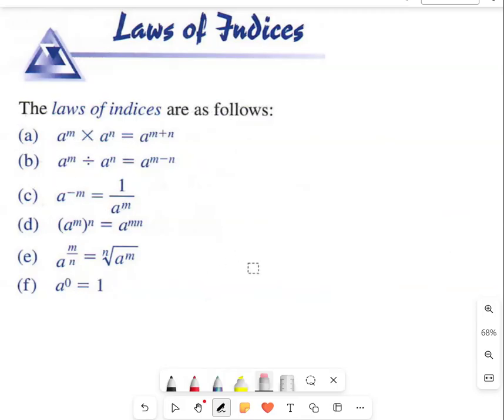Good. E is simply stating that if you were to raise a power, let me use, okay, x to the 3/5. You raise the number to the numerator power. So you do that, x cubed.